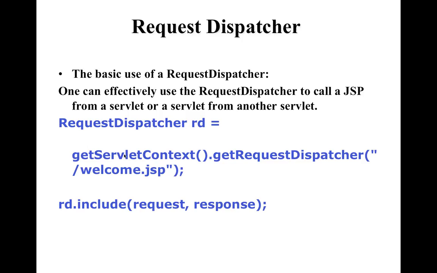Good. These two. Then request dispatcher. You are getting a handle of request dispatcher from a servlet context, because that knows about everyone. And then you're invoking welcome.jsp and including that in the request and response. That's where it is going to include the response that has been generated from welcome.jsp.